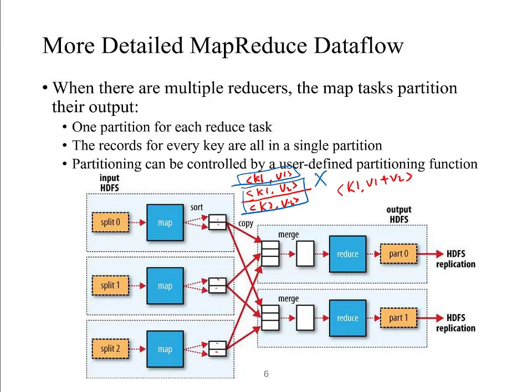Right, that's the reason. And for a similar reason, we would like the partition criteria to be the same for different mappers or map tasks, such that all the key 1 would go to reducer 1, and all the key 2 would go to reducer 2.